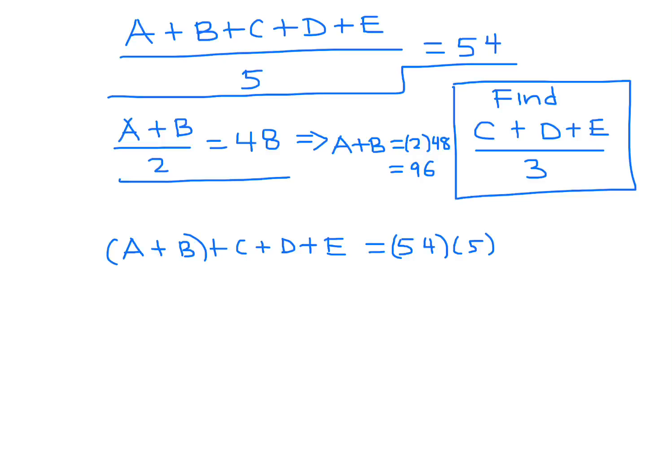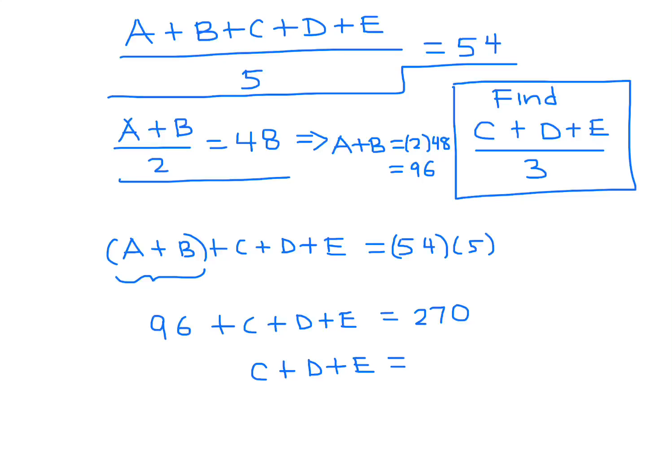So A plus B, I can just put 96 right there. C plus D plus E. And 5 times 54 is 270. So now C plus D plus E, I can use my subtraction, 270 minus 96, which is 174.